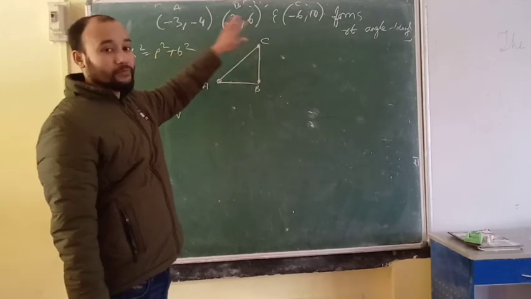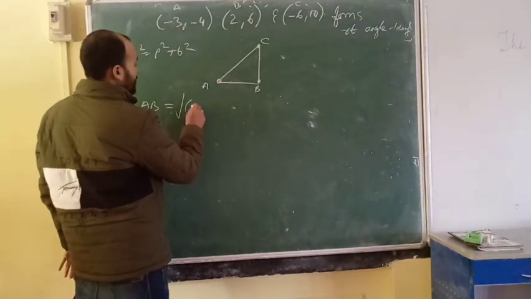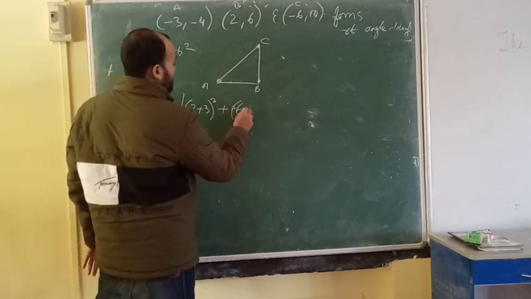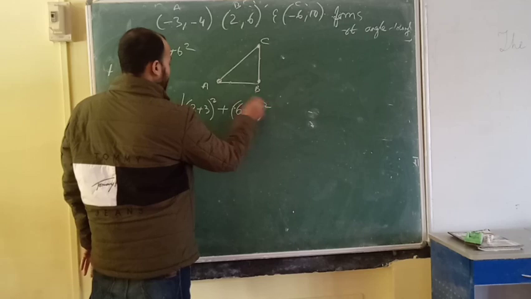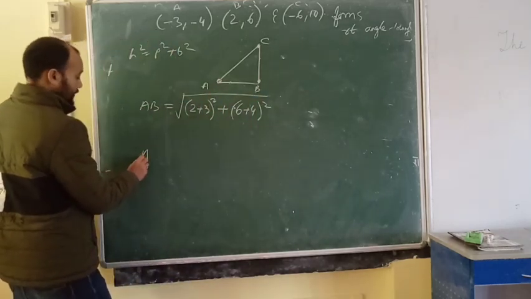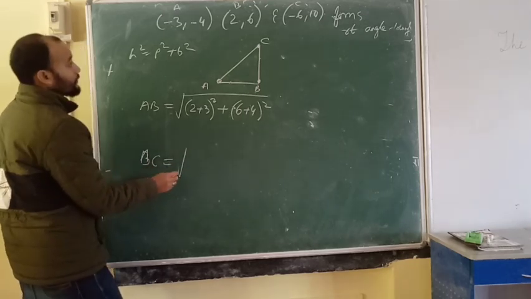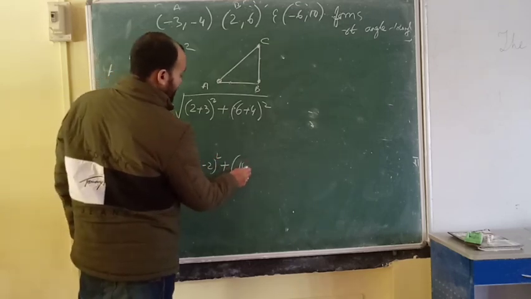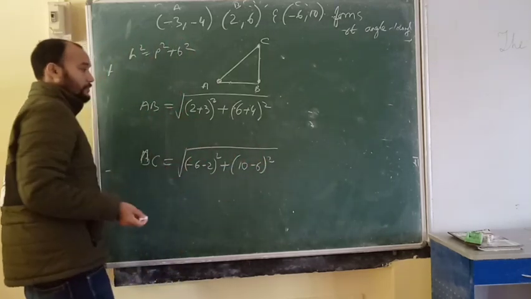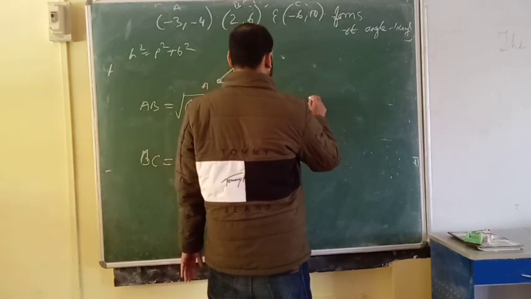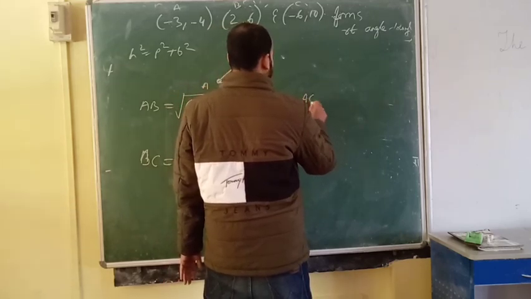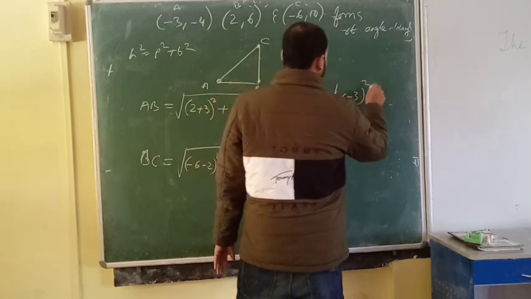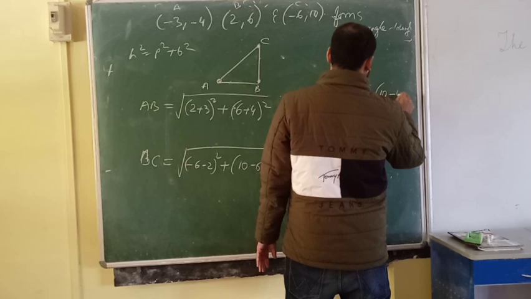This is A, this is B, this is C. Don't try to make this C. So AB is what? x2, 2 minus minus 3, so it is 5, plus y2, 6 minus minus 4. Then BC, root over minus 6 minus 2 whole square, plus 10 minus 6 whole square, and AC, root over minus 6 minus 3 whole square, plus 10 minus 4 whole square.